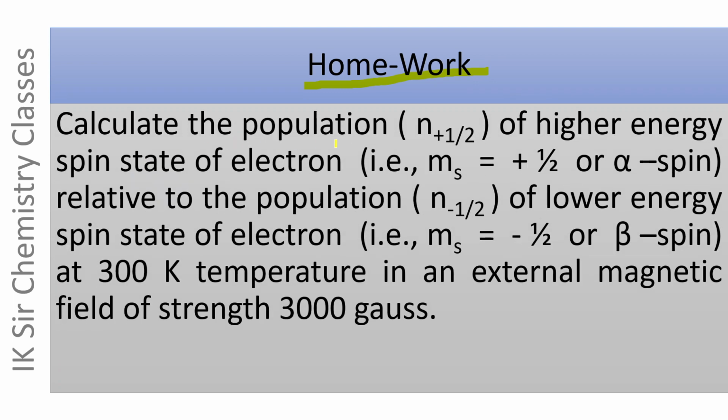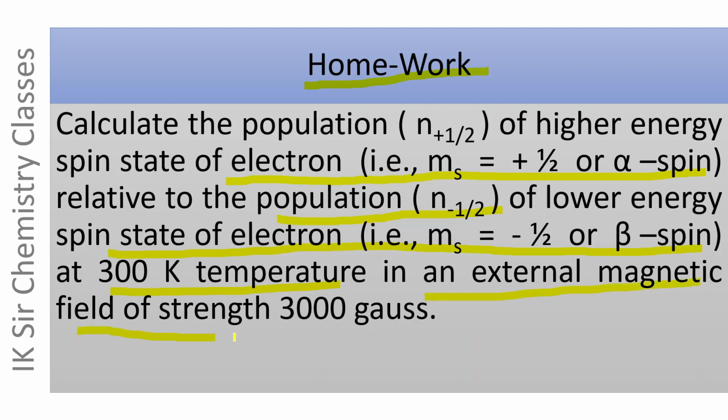Calculate the population n plus half of higher energy spin state of electron, that is ms equals plus half or alpha spin, relative to the population n minus half of lower energy spin state of electron, that is ms equals minus half or beta spin, at 300 Kelvin temperature in an external magnetic field of strength 3000 Gauss.